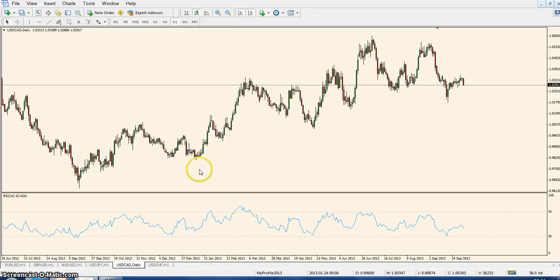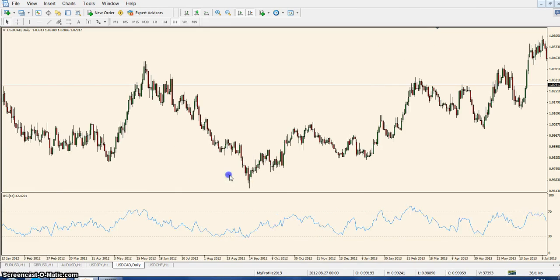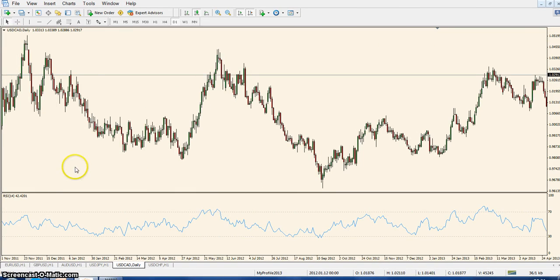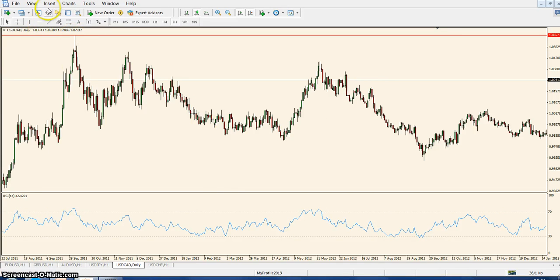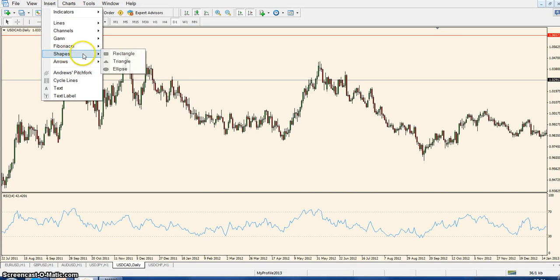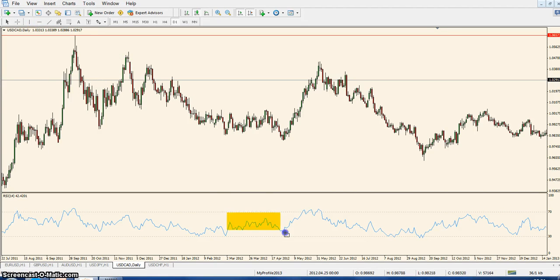The other condition is when the RSI is flat. Let me just go back and see. So there is an area here. If you see the area here, there's hardly any trend on this RSI. It is just going up and down within the bands of 30 to 70. So in this kind of market situation, it's very clear that the market is going nowhere, or it is trending strongly in one direction.